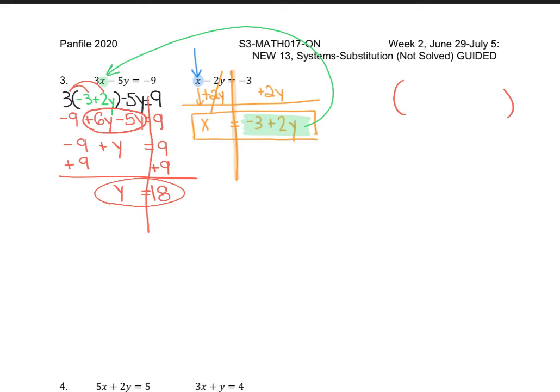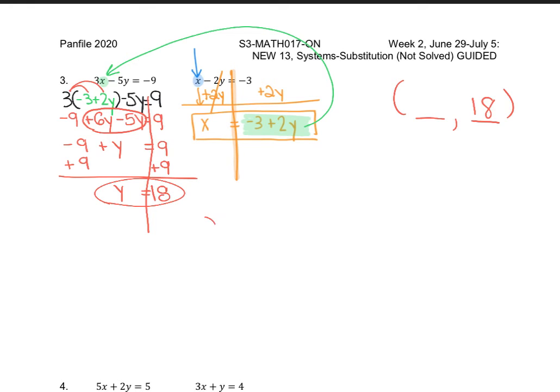I'm going to set up my ordered pair for the end. So y is 18. Y is the second piece of my ordered pair. And now I need to plug 18 into one of these. It really doesn't matter which one you pick. I'm going to pick the second one, just because there's an x and there's no coefficient on it.